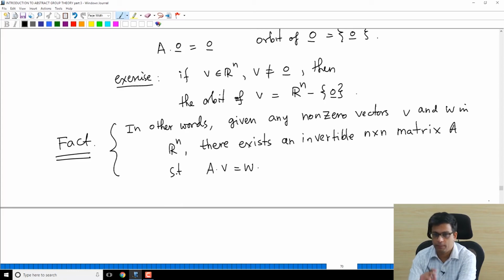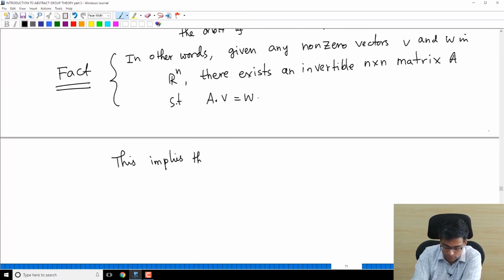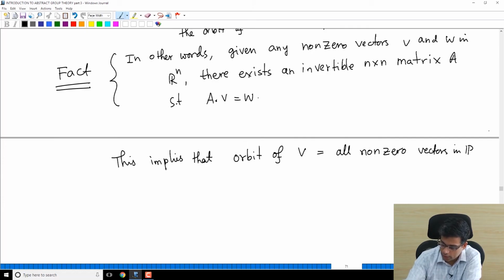But what does this fact mean for the orbit of a vector v is what I am interested in. Suppose this statement is true: given any two non-zero vectors v and w, there exists an invertible matrix A such that A dot v is w. Then this implies that the orbit of v, remember w has to be non-zero also, is all non-zero vectors in R^n. In other words, it is R^n minus the element 0.